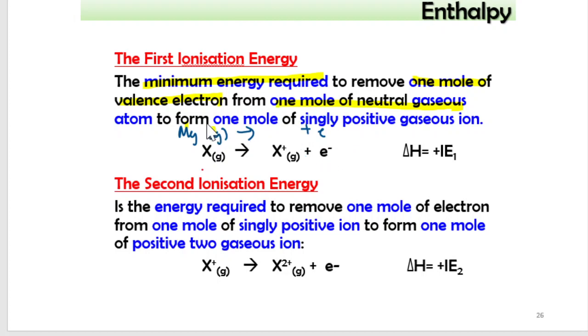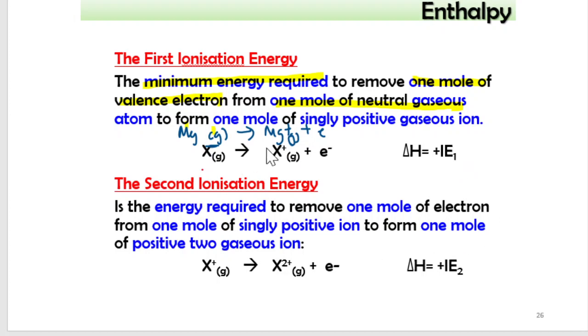Okay, so kalau absorb ataupun gain, electron di bahagian reactant. Okay, so in this case, electron in the product punya side. Remove 1 mole of valence electron from 1 mole of its neutral gaseous atom. Okay, ini to form singly positive ion.